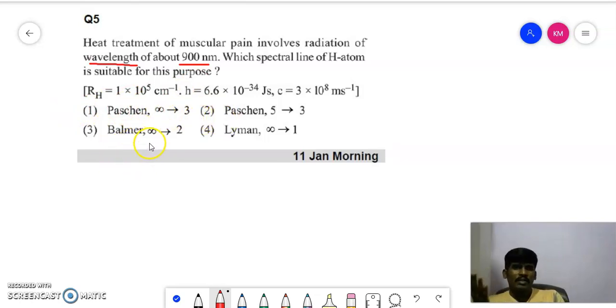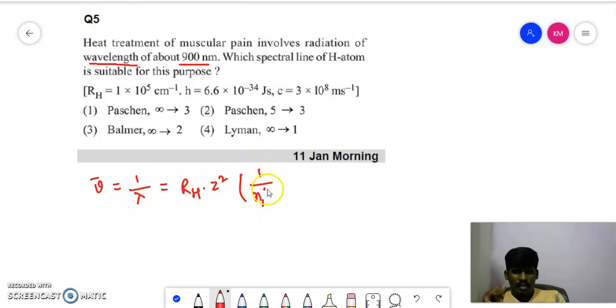We have the formula nu bar is equal to 1 by lambda is equal to RH into Z square of 1 by N1 square minus 1 by N2 square. Z is the atomic number, RH is Rydberg's constant. Anyway it is for hydrogen atom, so Z can be taken as 1.